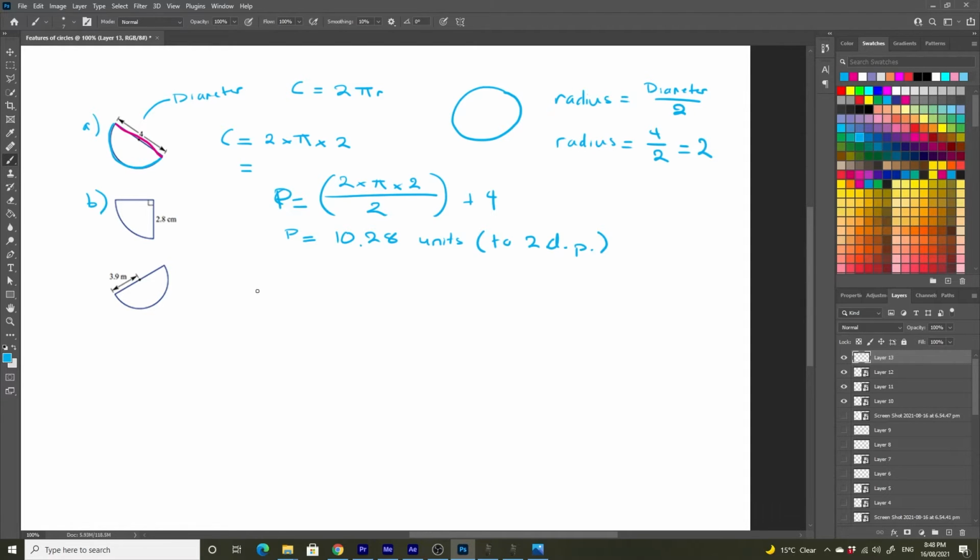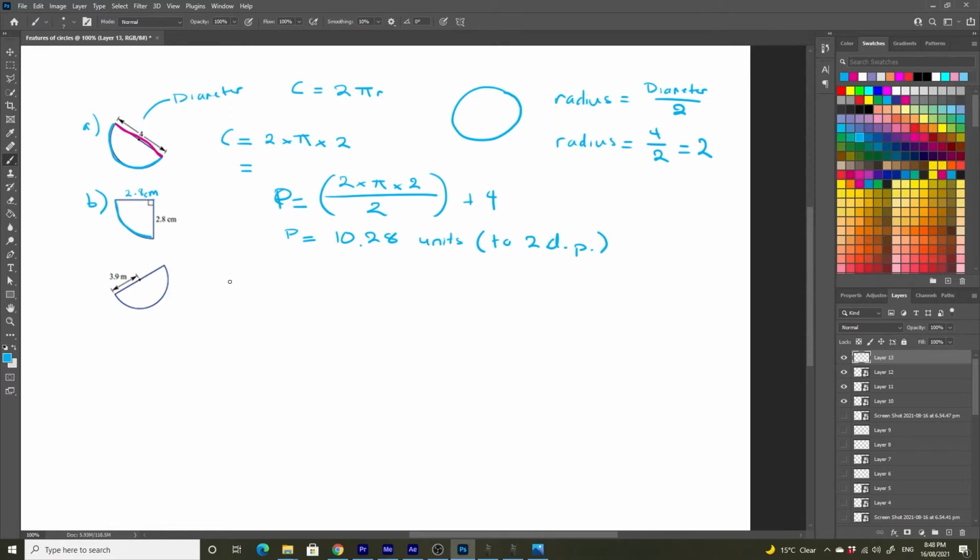Let's look at this next one. This section here is going to be a quarter of the circumference of the circle, and each of these sections, from the center point to the edge of the circle, is the radius. So each of these is going to be equal, so this is also 2.8 centimeters.